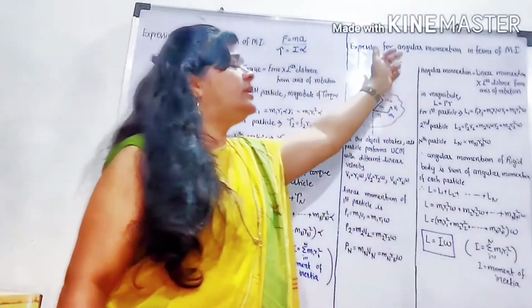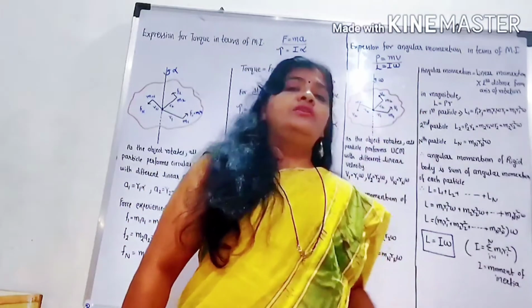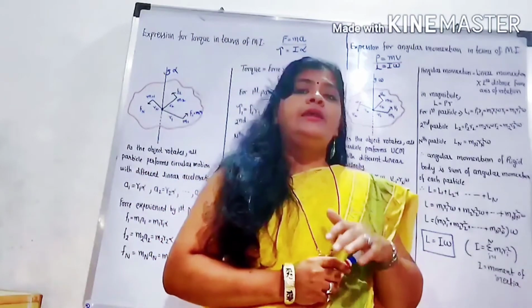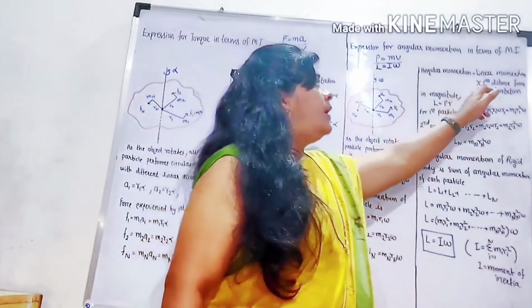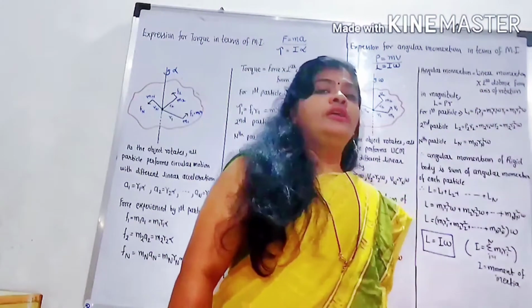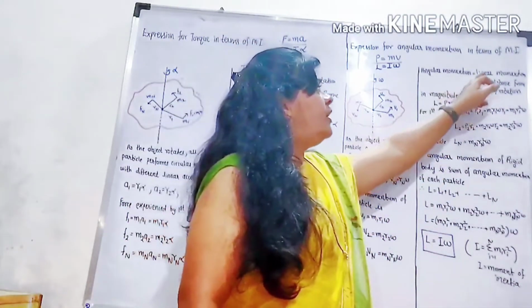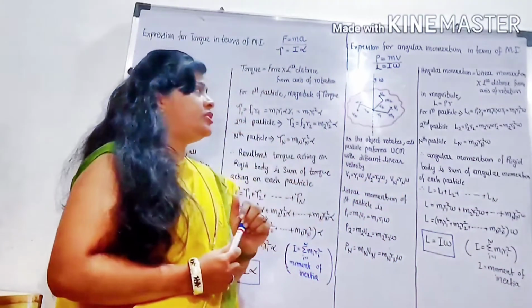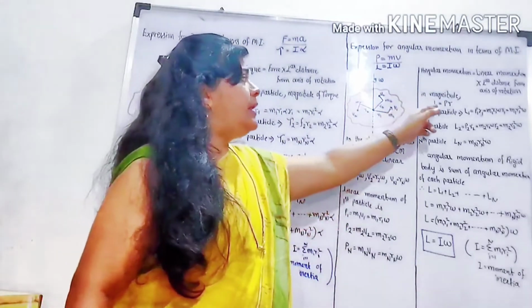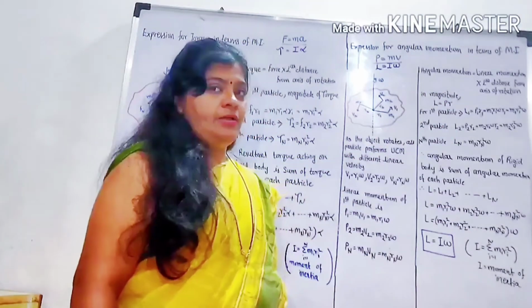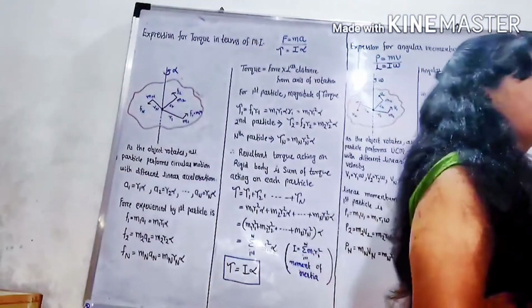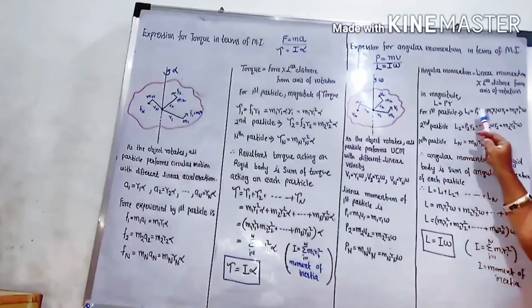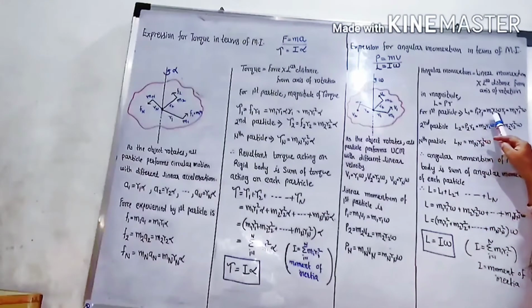Our aim is to calculate the angular momentum. What is the formula for the angular momentum? Angular momentum is equal to the linear momentum multiplied by the perpendicular distance from the axis of rotation. In magnitude, L is equal to P into R. Therefore, for the first particle, L1 is equal to P1 into R1.